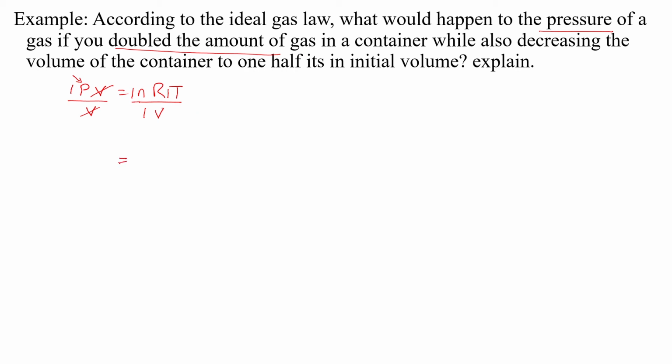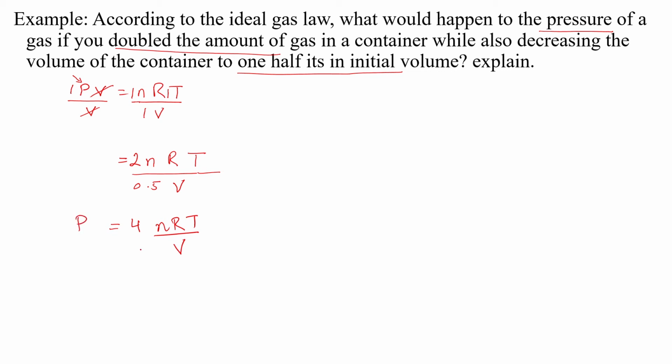So if you are doubling the amount of the gas, it means that it is 2n, while also decreasing the volume of the container to 1/2 of its initial volume. So if the initial volume is 1, when you decrease it to half, it will be 0.5V. And the rest, the constant, no change to that, and temperature, no change to that. Now you will be simplifying these numbers, and after simplification you have 4 nRT over V.